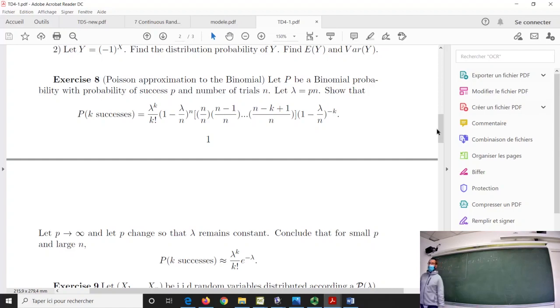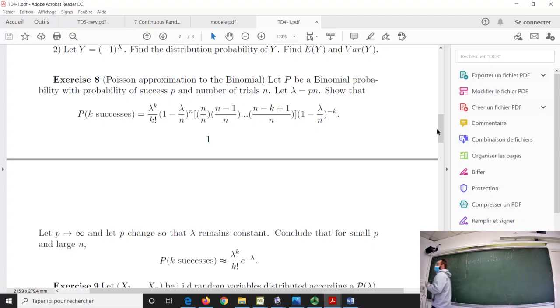So I have this one, then I have p to the power k. But I don't have p in the expression here. So I have to replace it, because p here is just equal to lambda over n. So I replace: lambda over n to the power k.